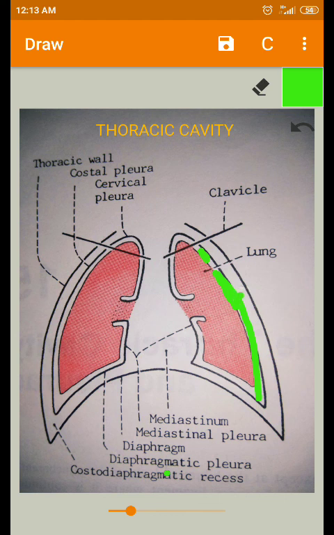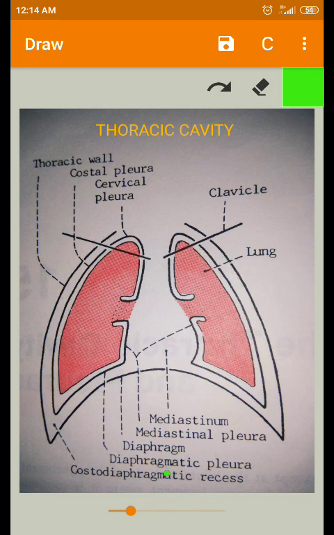We know that after the transversus thoracis muscle we have the endothoracic fascia and then the pleura in the case of the thoracic wall. So this parietal pleura is separated from the thoracic wall by the endothoracic fascia. So this is about the costal pleura.